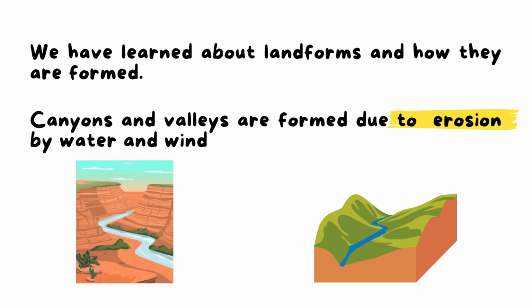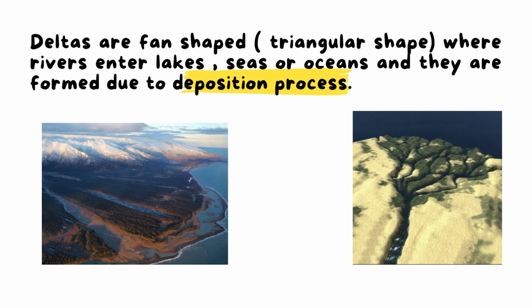What about deltas? They are formed by deposition. Deltas are fan-shaped or triangular where rivers enter lakes or oceans or seas.